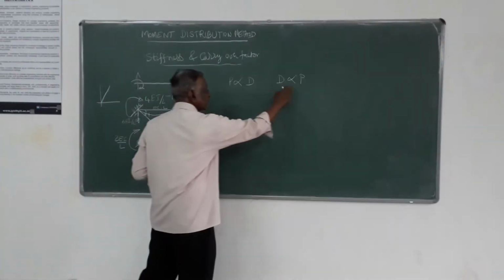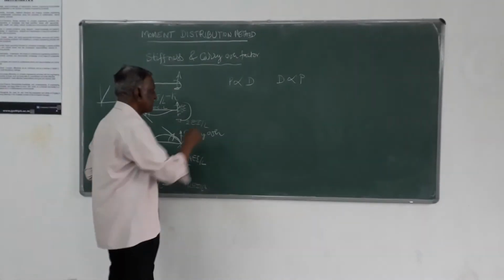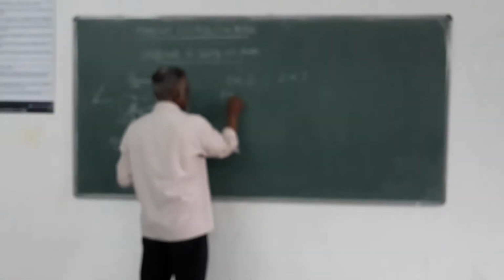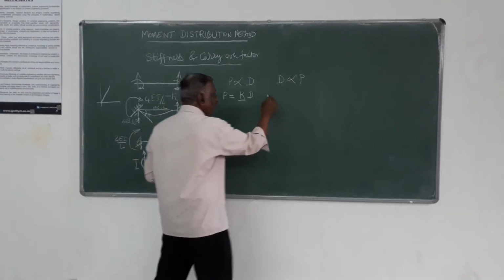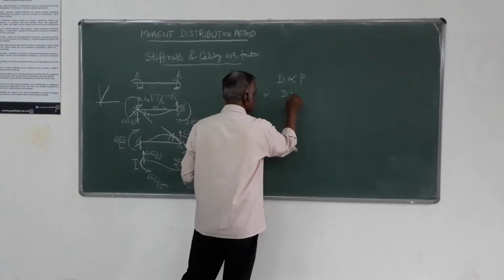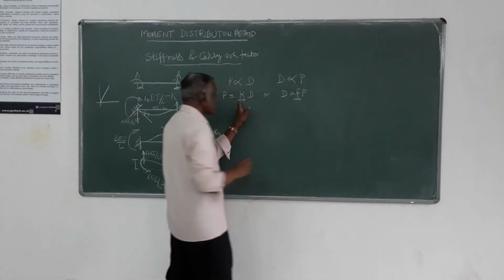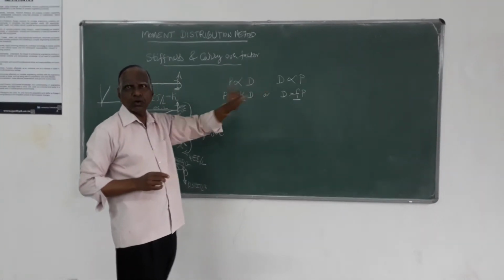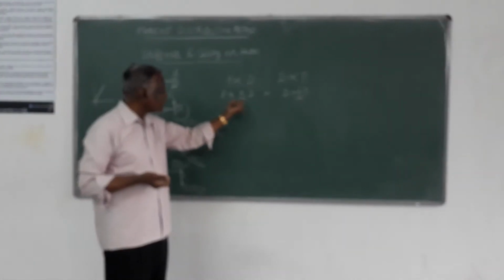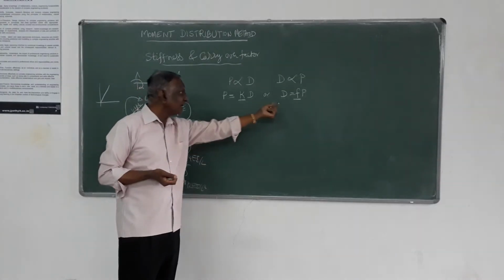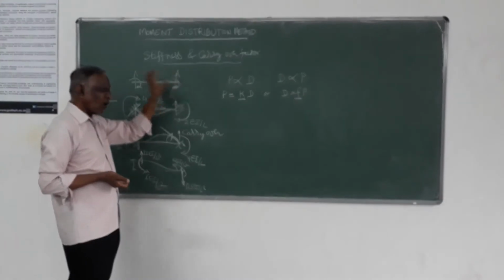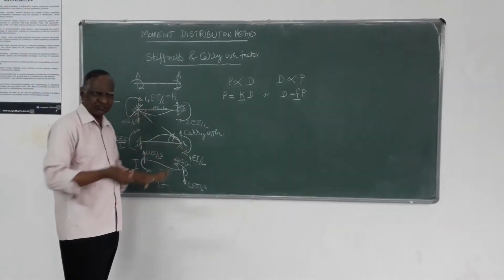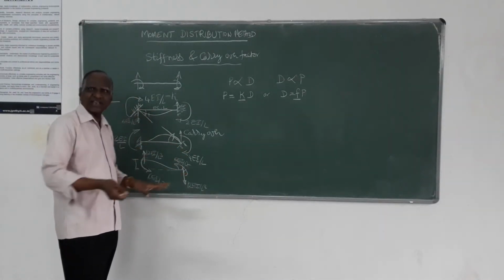When this relationship exists, you can write it as P equals some constant into D, or D equals some constant F into P. This constant of proportionality, we call it stiffness. Here it is called flexibility, because for all members we say it is stiff or it is flexible.